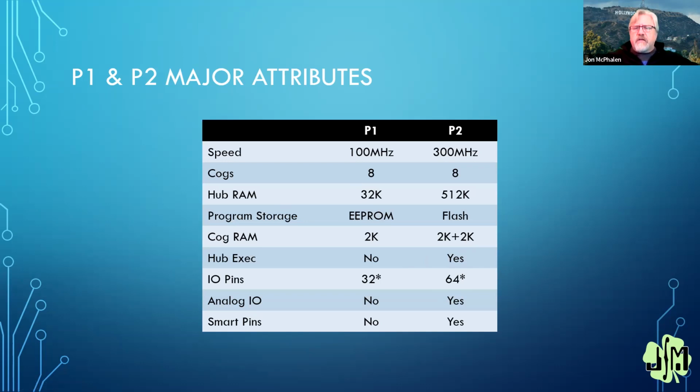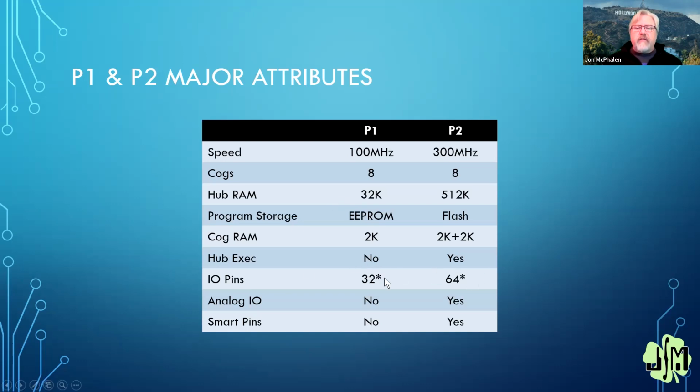Is that right, Chip? With hub exec, it doesn't matter what the size of my assembly program is. That's right. Okay. Well, if you run in the hub, you can take the whole 512K. There you go. So this makes the compiler people really happy, because now they can compile to straight assembly and not worry about size constraints or using something like LMM.